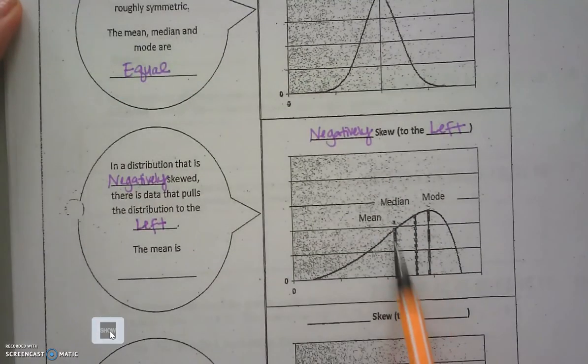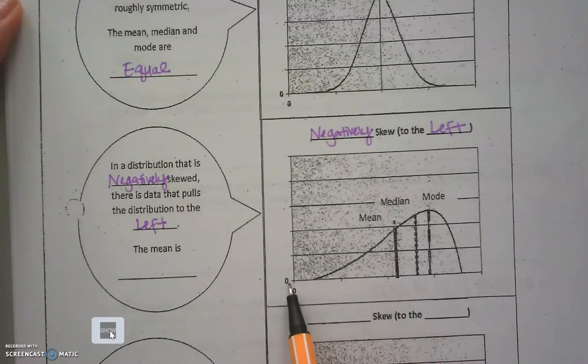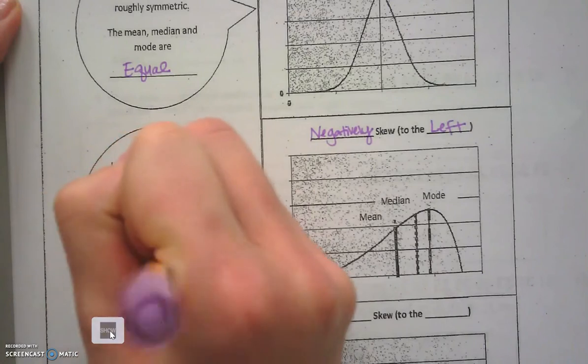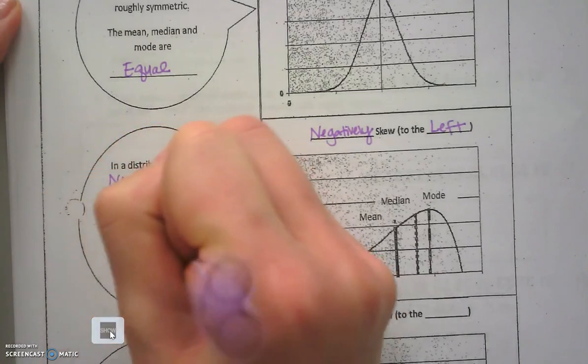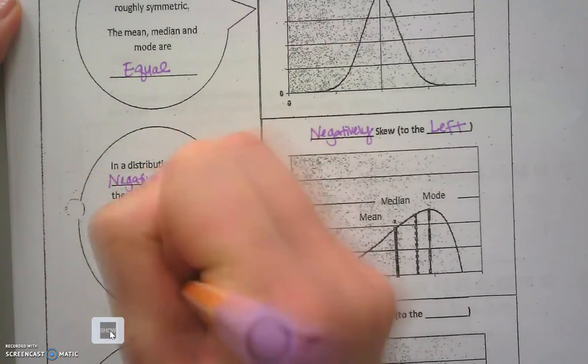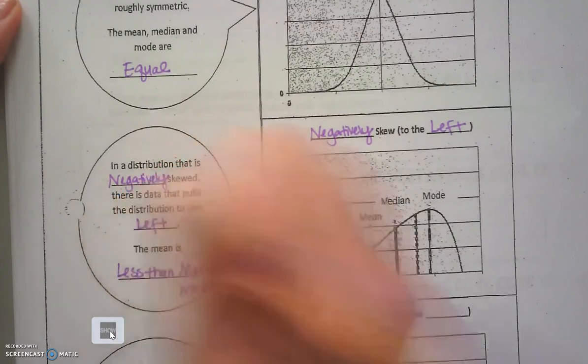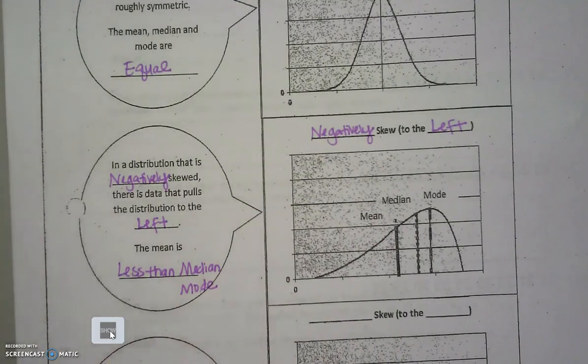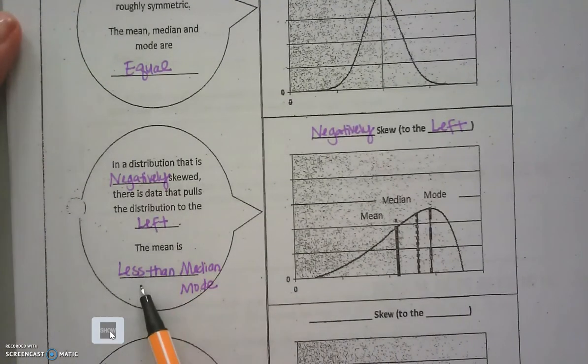And look where your mean is. If this is 0, that means your mean is less than your median and your mode. Okay? Left means less. They kind of go together. Left means less.